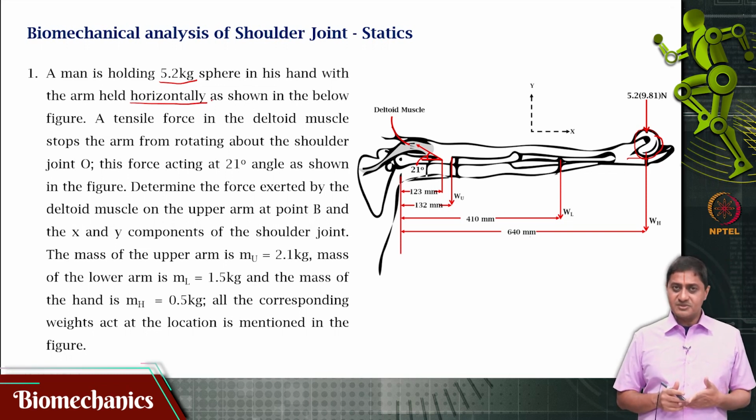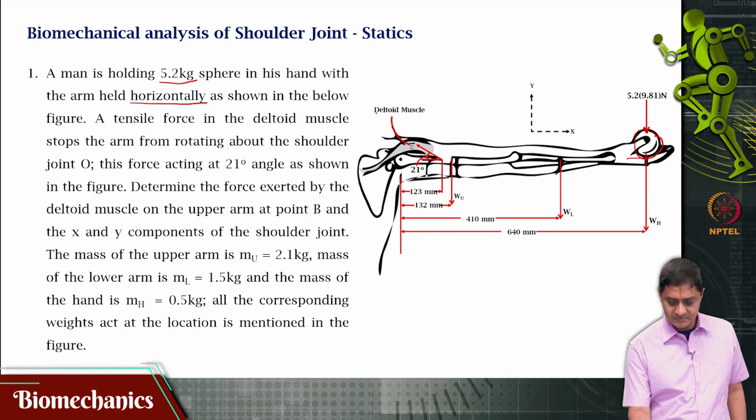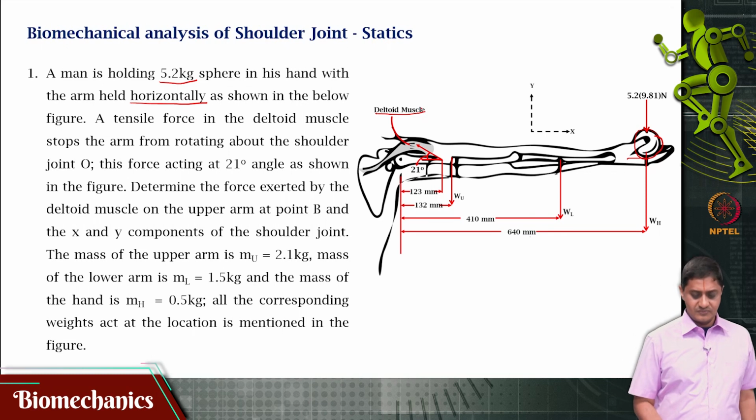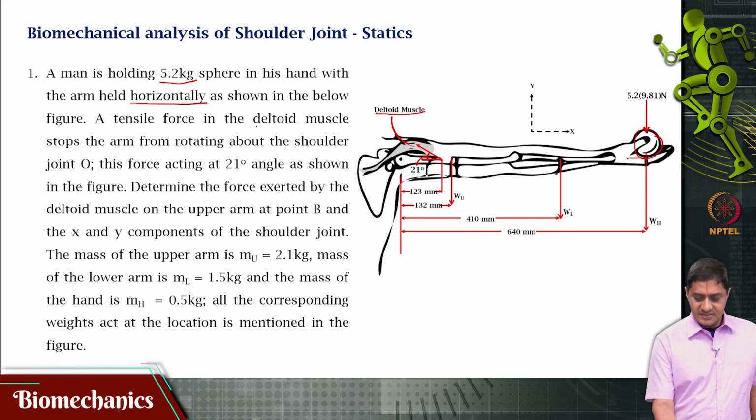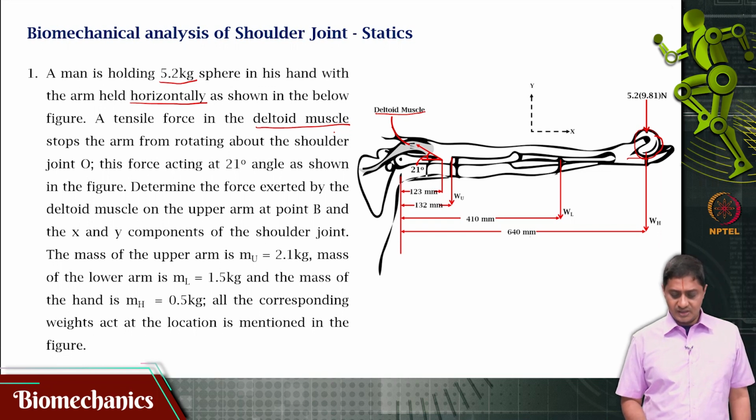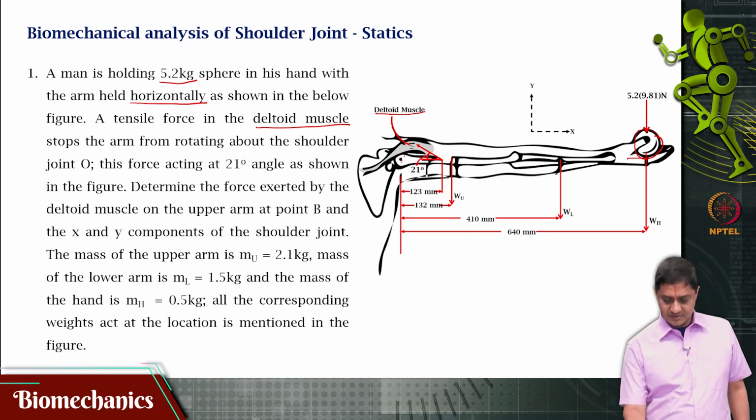The muscle responsible for producing the force to overcome this load and keep the arm in a horizontal position is the deltoid muscle. So, a tensile force in the deltoid muscle stops the arm from rotating about the shoulder joint, from here, at this point.